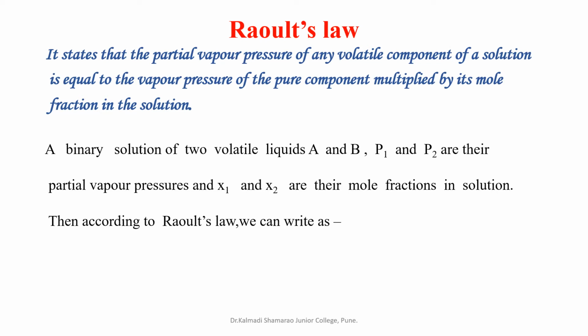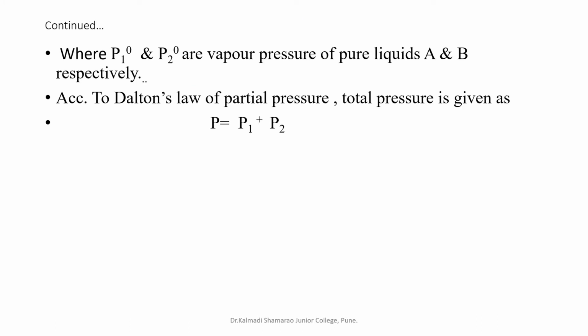Then, according to Raoult's law, we can write P1 equals X1 into P1 naught, and for the second component, P2 equals X2 into P2 naught. Here P1 naught and P2 naught are the vapor pressures of pure liquids A and B respectively.